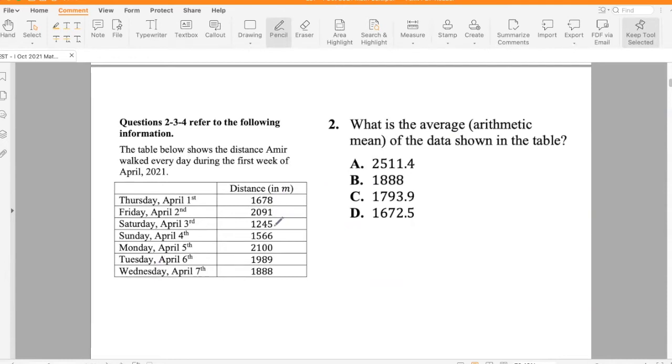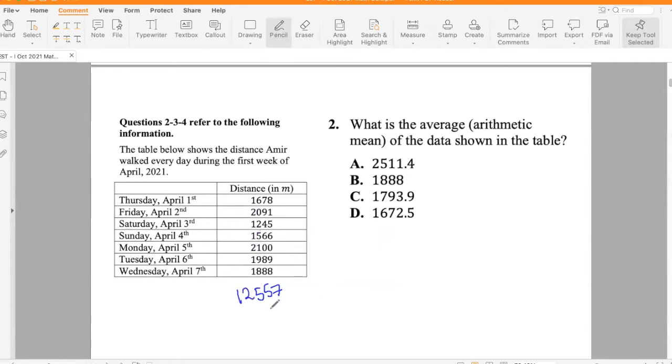So 8 and 1, 9 and 5, 14 and 6, 20. And 9 and 8, 37, carry 3 and 7, 10 and 9, 19 and 4, 23 and 6, 29 and 8, 37 and 8, 45, carry 4, 4 and 6, 10 and 2, 12 and 5, 17 and 1, 18 and 9, 27 and 8, 35, carry 3, 3 and 1, 4 and 2, 6, 7, 8, 9, 10, 11, 12.